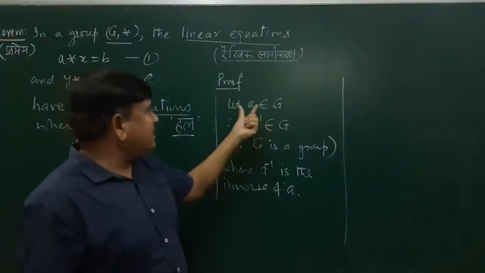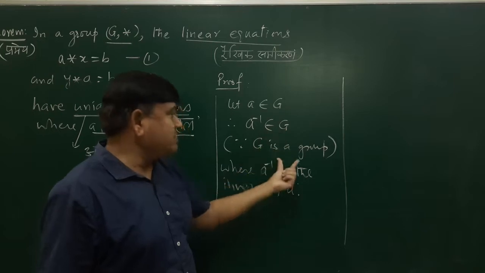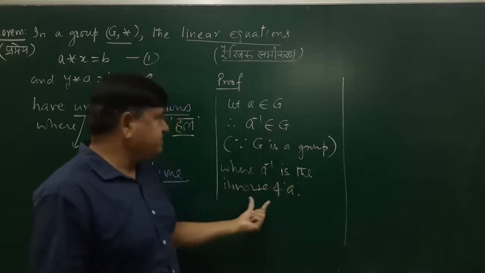So how to write? Let a belong to G. Therefore, a inverse belongs to G. Why? Because G is a group, so the inverse exists.